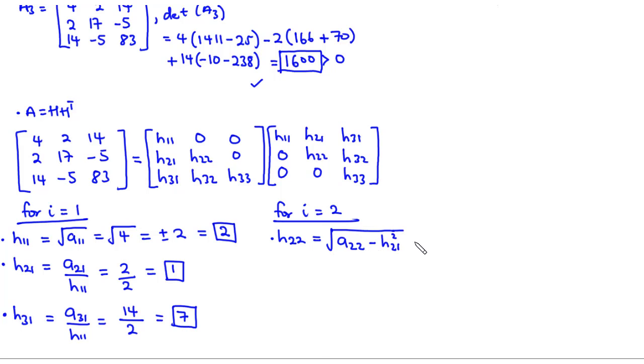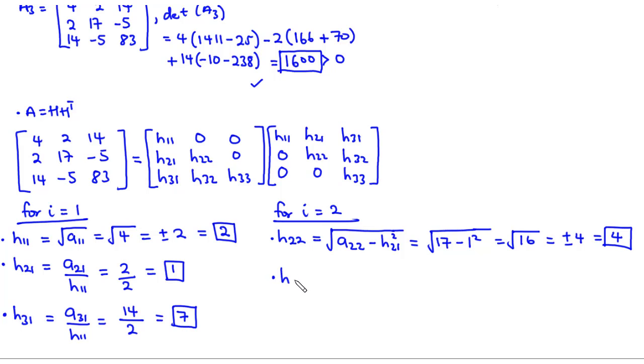So that is simply the square root of A22, that is 17, minus H21, which is 1, squared. So 1 squared, and that will be equal to the square root of 16, which is equal to plus or minus 4. Now, since H22 is an entry in the principal diagonal, we are going to select only the positive value.